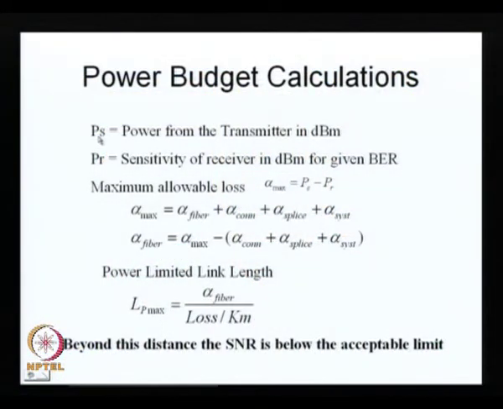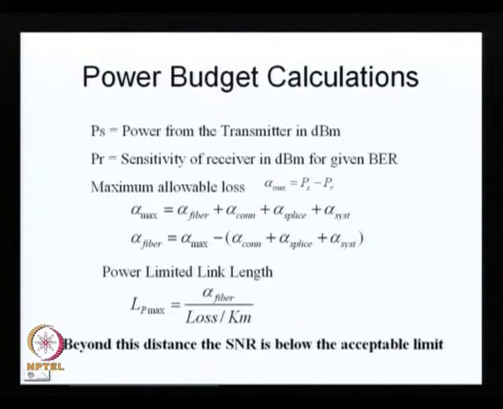So, essentially now we have got these two quantities, what we call PS, which is power from the transmitter in dBm, and PR, which is the sensitivity of the receiver in dBm for a given BER for a given data rate. So, now we are asking a question, if these two parameters, transmitter and receivers, are fixed, what is the maximum length of fiber, including all splices and connectors, over which we can send this signal satisfactorily?